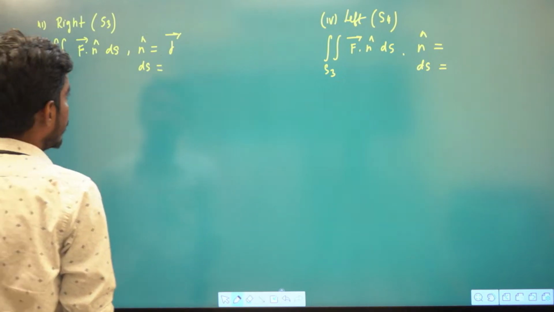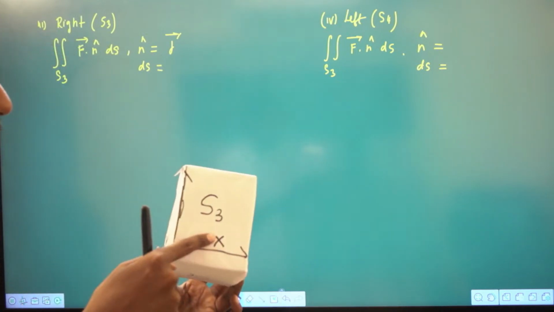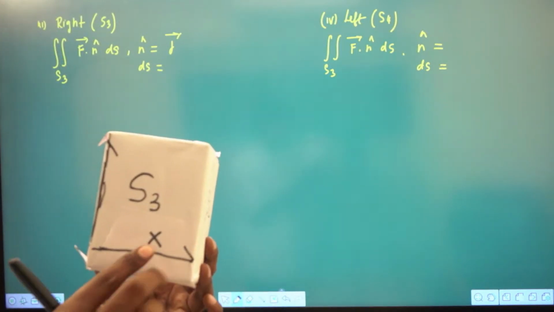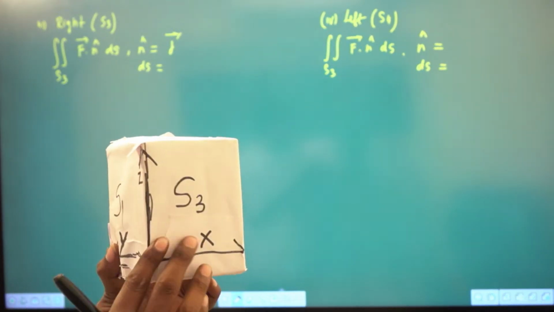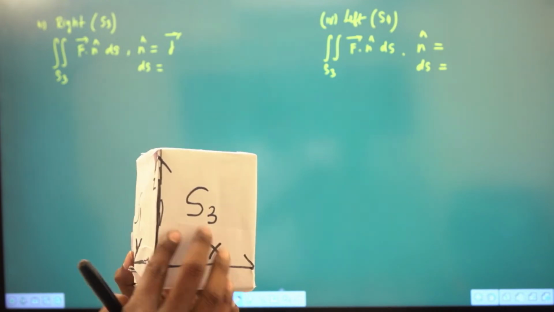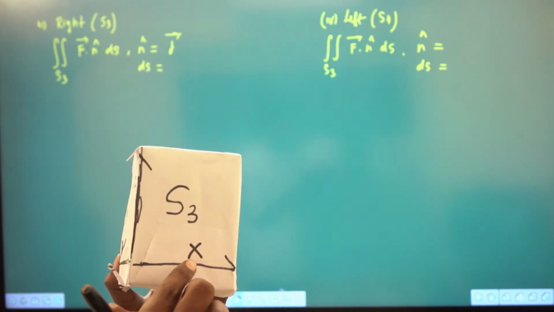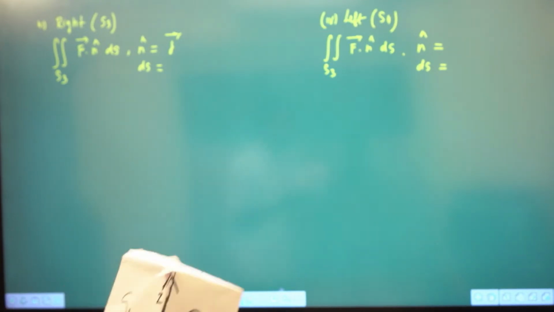And here you are varying over x and z, yes or no? So we are in S3, this is x, this is z. So ds will be dx dz.